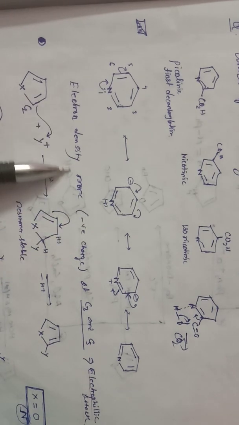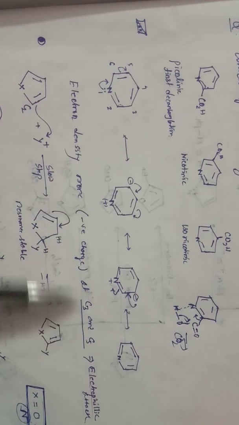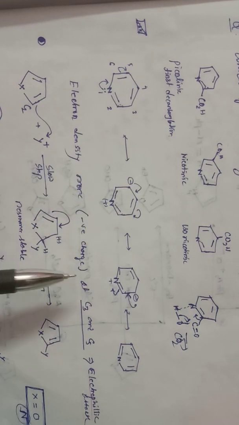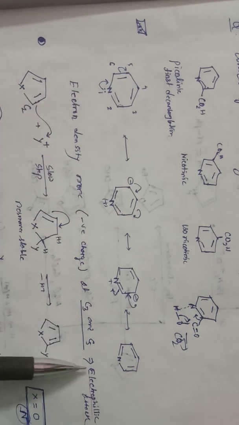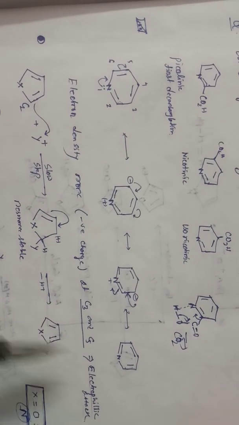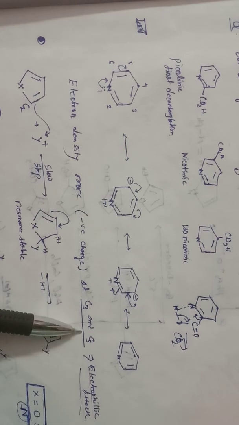So electron density is more at C3 and C5. That's why in the case of pyridine, electrophilic substitution or electrophilic attack occurs at the C3 and C5 positions.